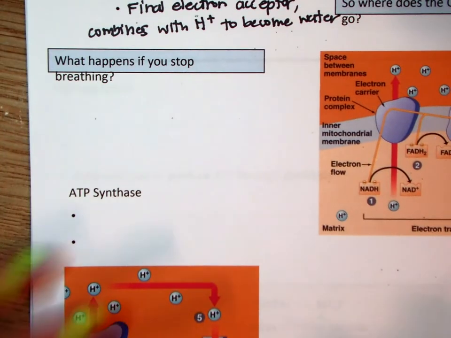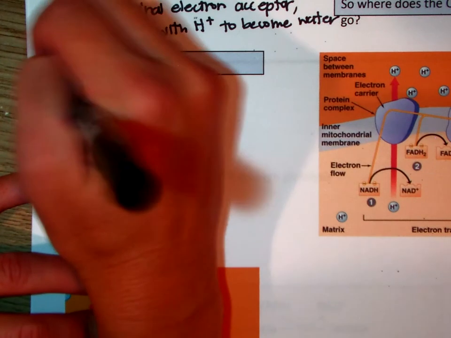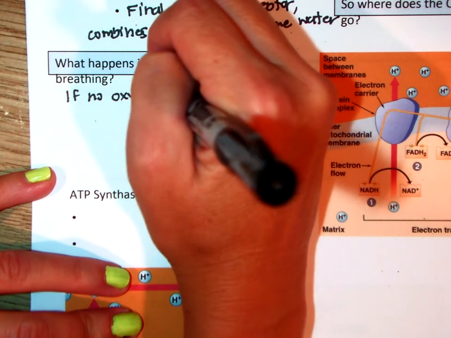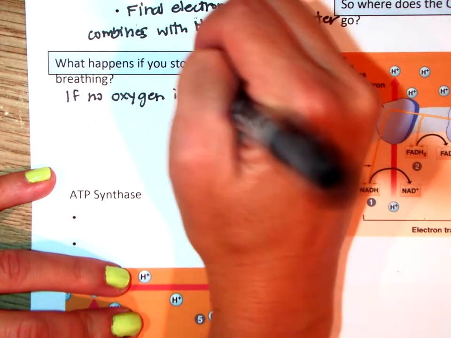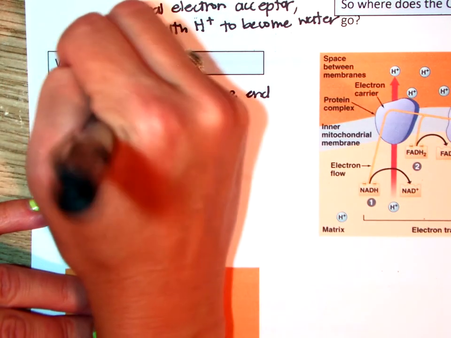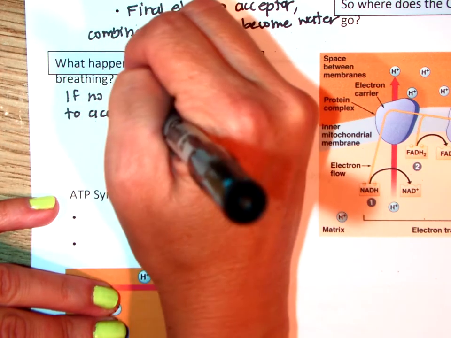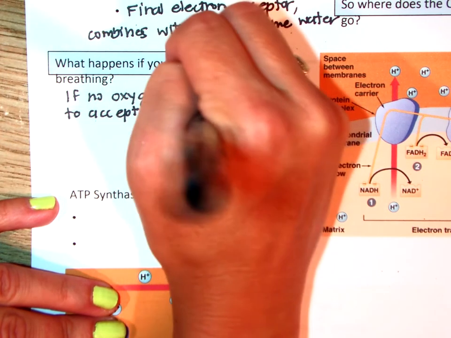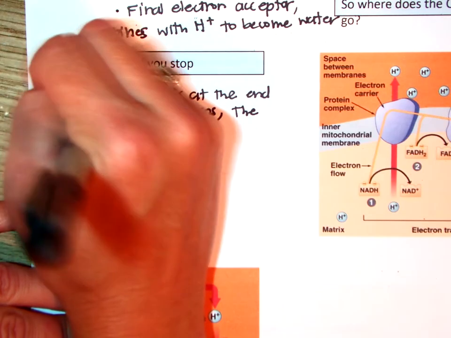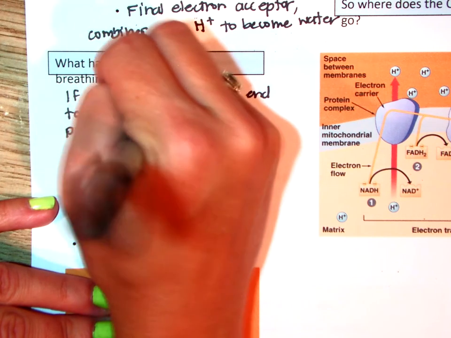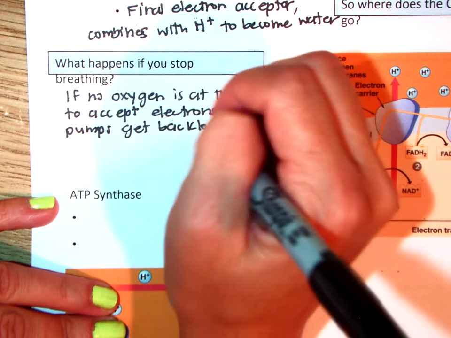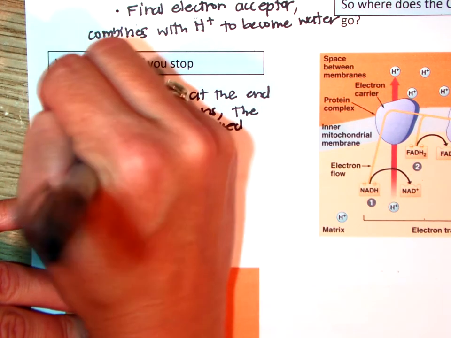So what happens if you stop breathing? If no oxygen is at the end to accept electrons, the pumps get backlogged, and no ATP is made.